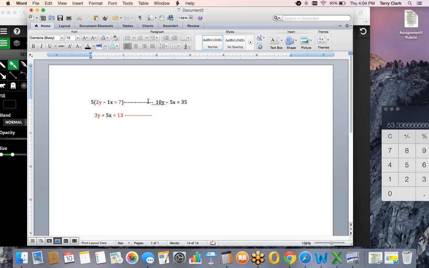Now I still got 3y plus 5x equals 13. Now I'm ready to add, and I'm going to eliminate through addition. So I can add the 10 and 3 together and come up with 13.